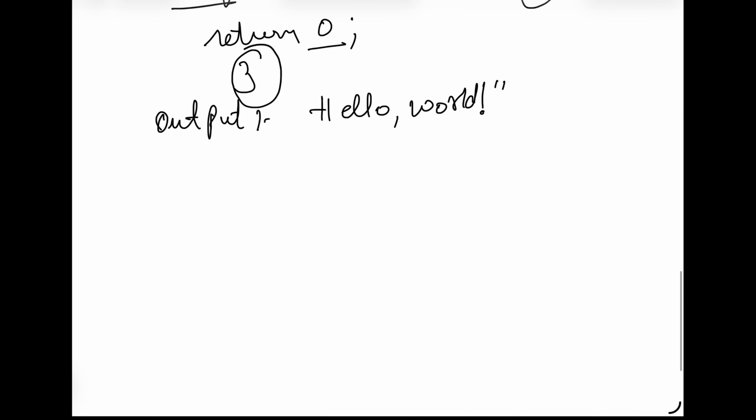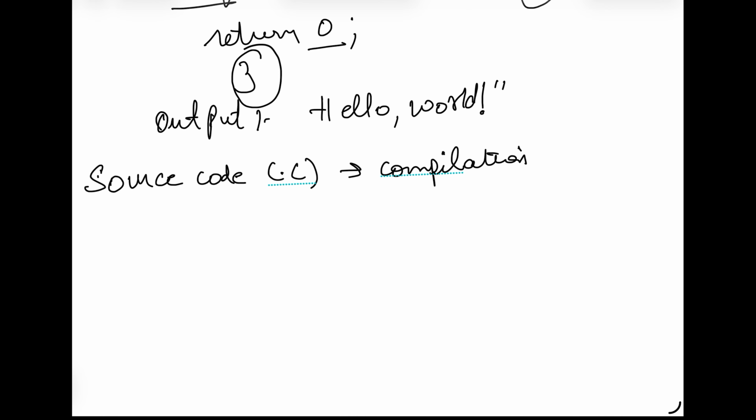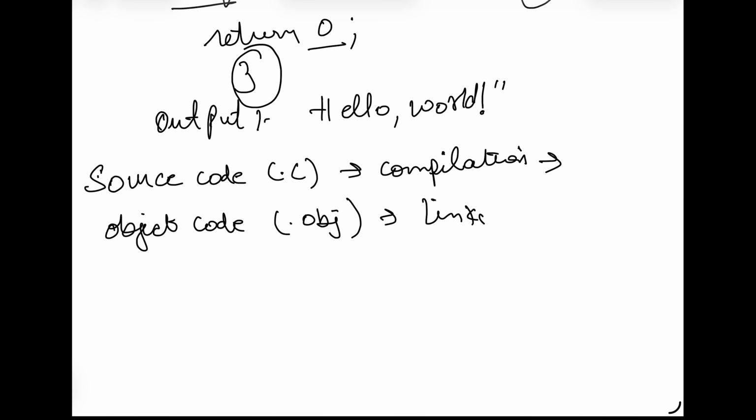I will draw the flow of how it works. First, you write the source code, .c, then compilation, then object code, then linking, and then execute.